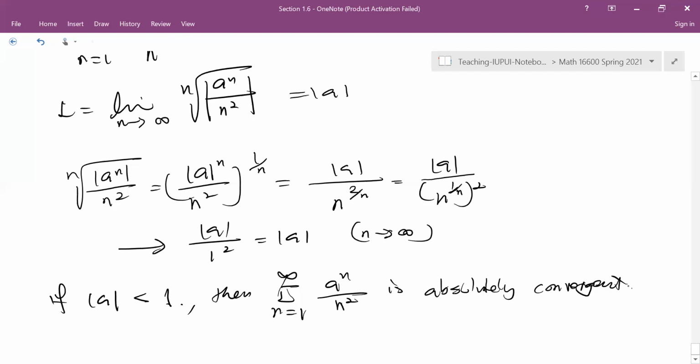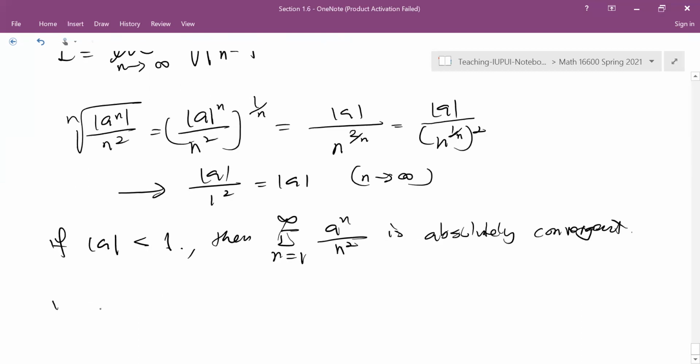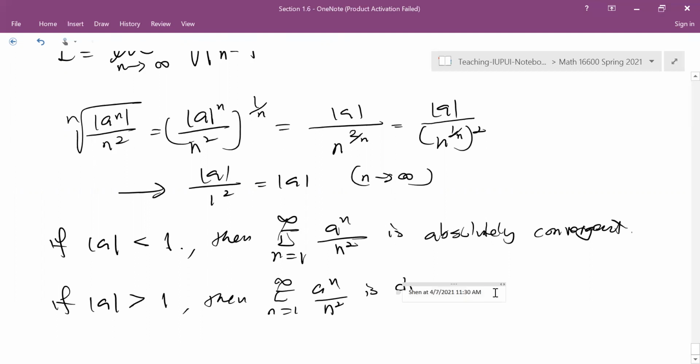So using the root test, you can jump to this conclusion. Now, if this is greater than 1, then this series is divergent. The question is, what happens when absolute A equals 1?